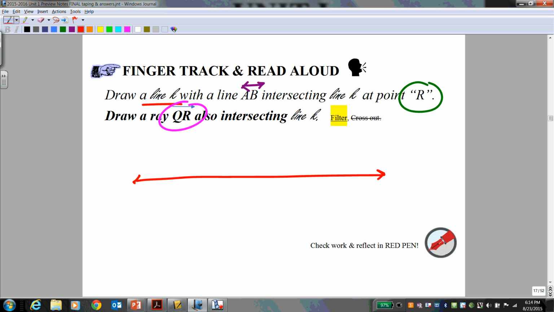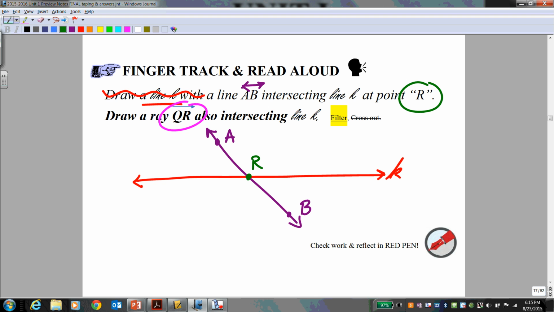Doesn't matter which way it's tilted, but it is a line, so it should have arrows. Lowercase cursive a at either end. We're good with that. Intersecting another line, AB. So AB, another line, 2 arrows, capital A, that's a point A and a point B. Intersecting at point R, so R is right there.